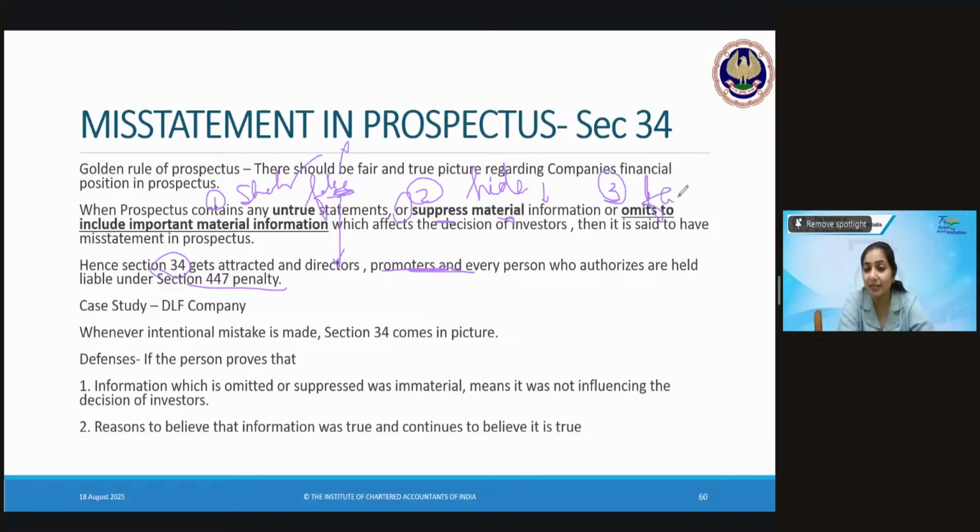Like in the last class, I told you, if I have not told you in which sector, in which locality I'm living, I have just told you I'm staying in Rajouri Garden. But Rajouri Garden is very big in Delhi. If I have not told my house number, that means something important information is missing. The person will not be able to locate it. Or I've said I'm staying in house number 300 in Delhi.